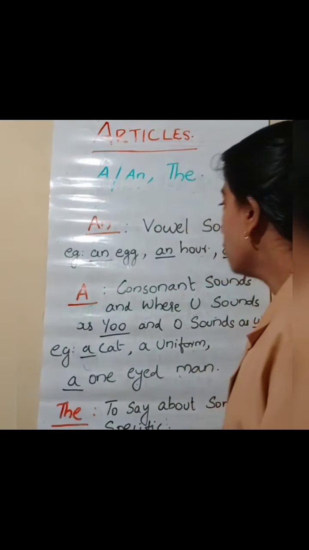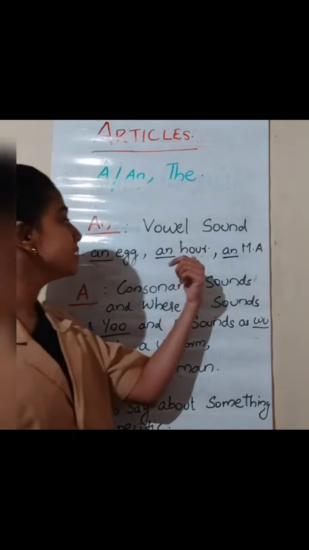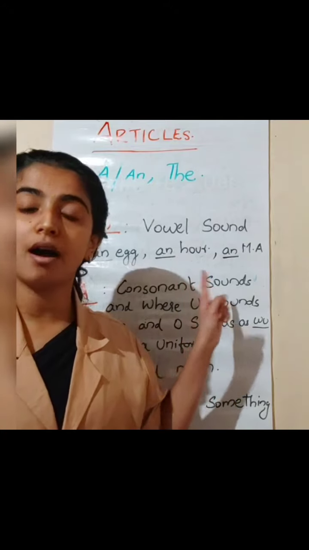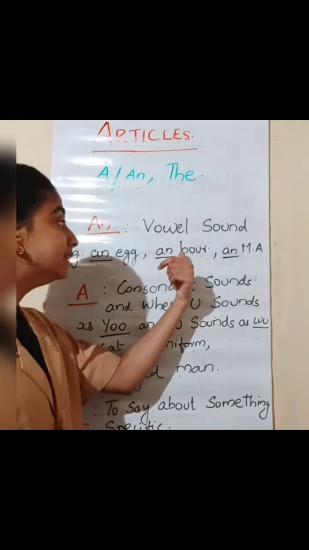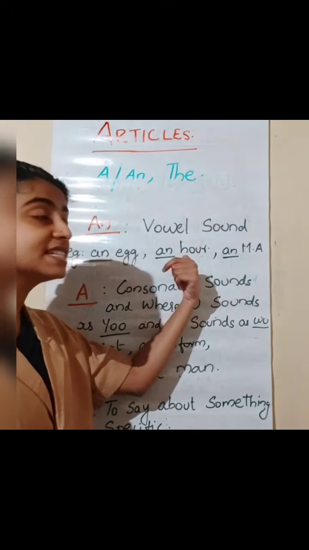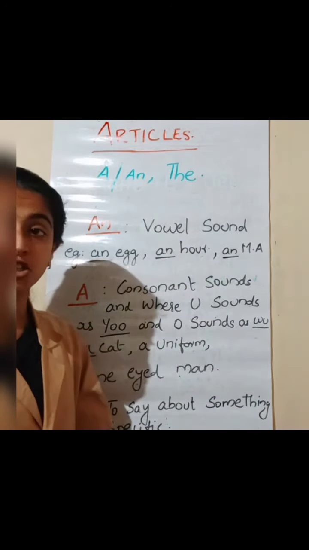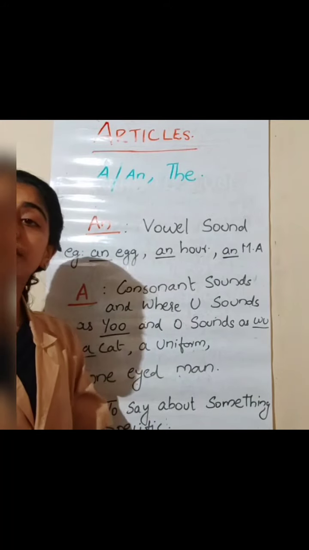Now look at the next example, which is very important. The example is hour, H-O-U-R. As you can see on the board, this word begins with the consonant letter H. Why can't we use a with it?